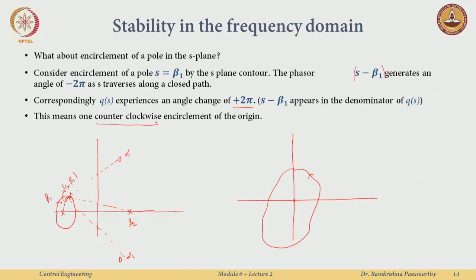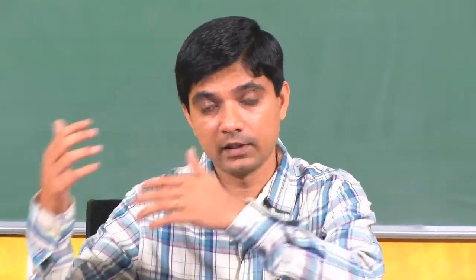So what we will try to understand is the following. If in the S plane I encircle a 0 in the clockwise direction, the corresponding contour in the Q(S) plane encircles the origin once in the clockwise direction.